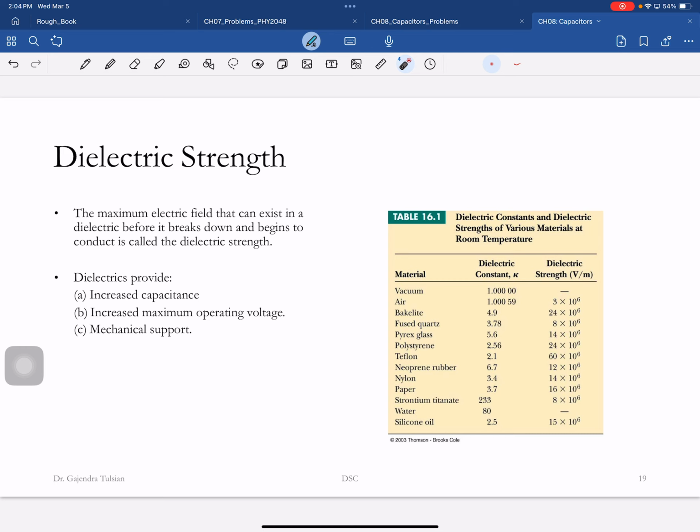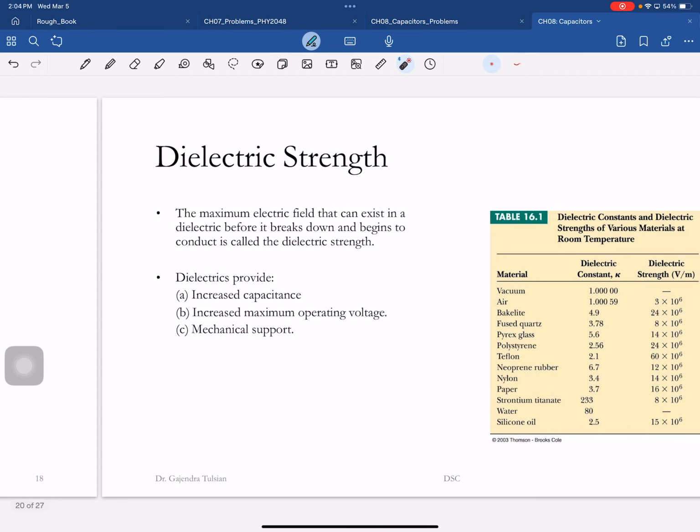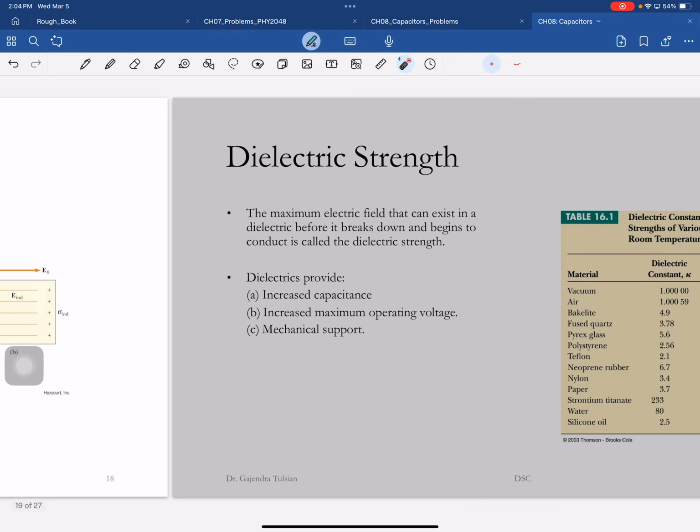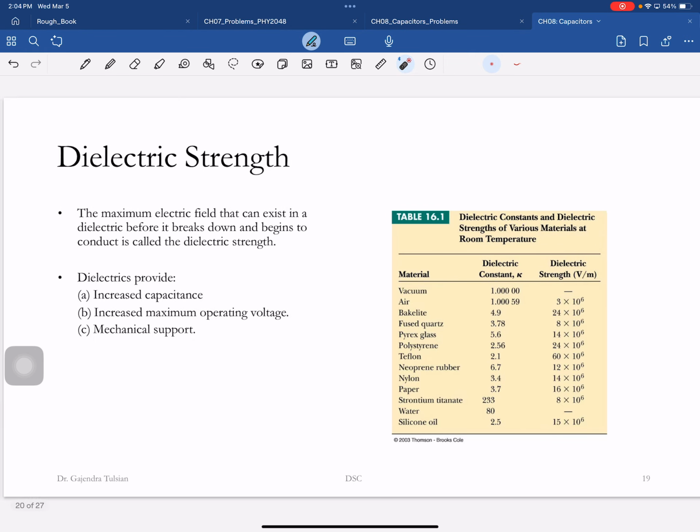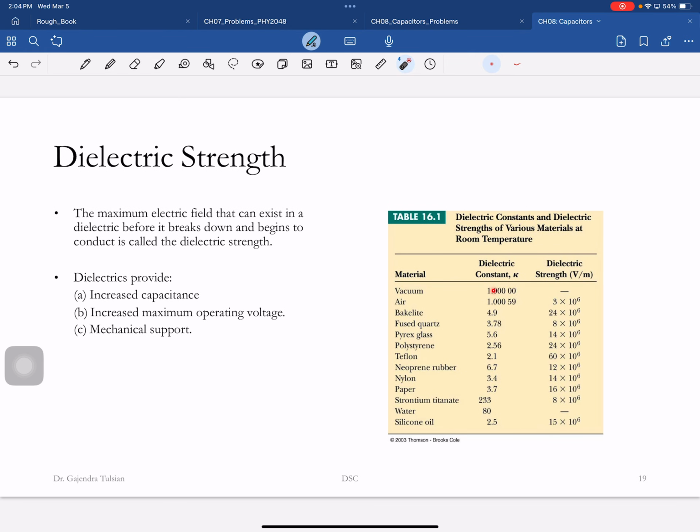So you could charge that capacitor to 8 times greater voltage. A vacuum doesn't have a dielectric strength? Well, there's nothing to ionize. So the dielectric strength of a perfect vacuum is infinite.